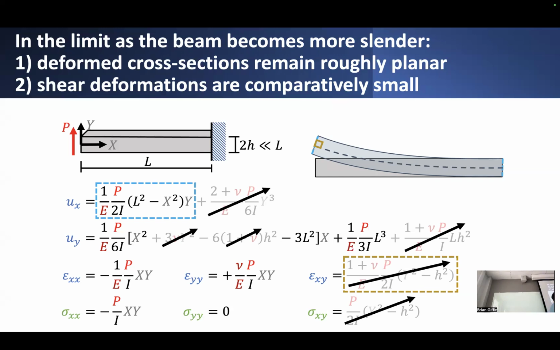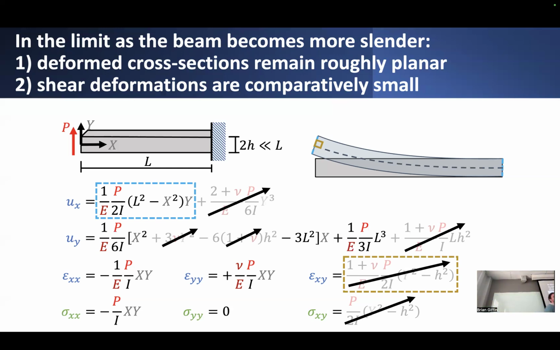is kind of equivalent to saying that this little square of material won't undergo any kind of shear deformations, which is to say that these edges of this square after deformation will remain roughly perpendicular to each other, which is essentially equivalent to saying that this plane section will remain perpendicular to the deformed neutral axis of the beam. So we recover this classical assumption of plane sections remaining perpendicular, and also the funky S-shaped contribution to the planar deformation of this section.